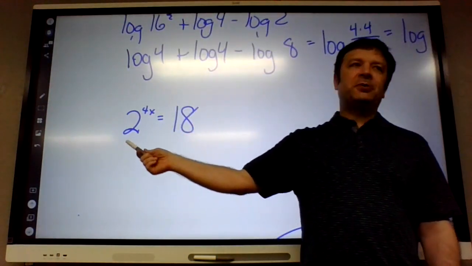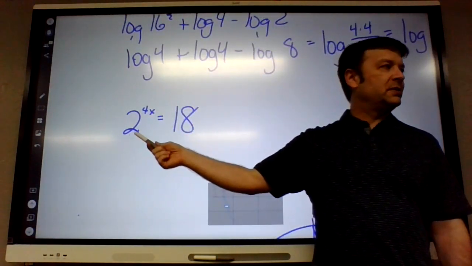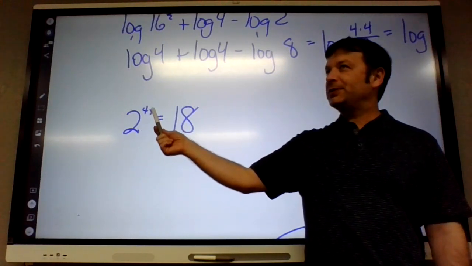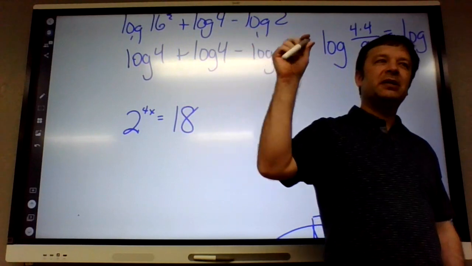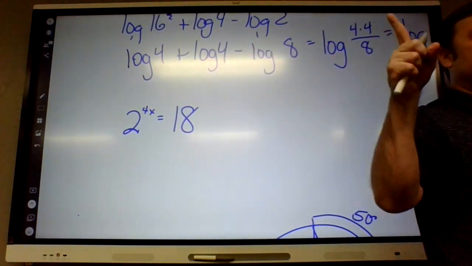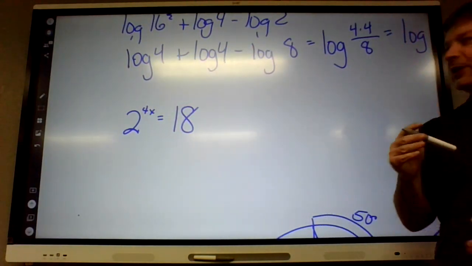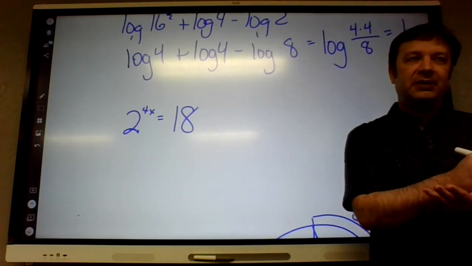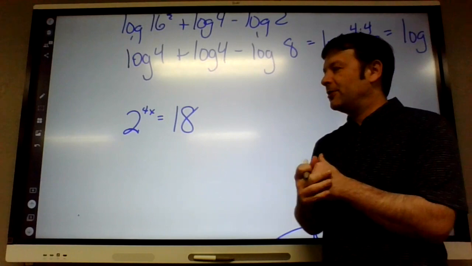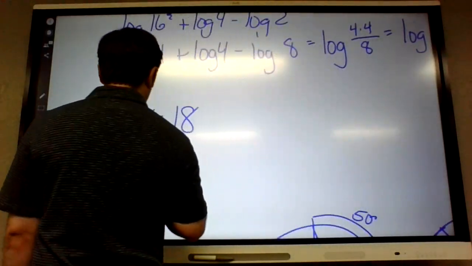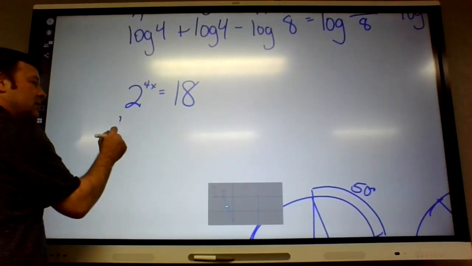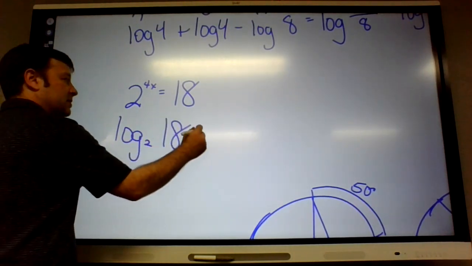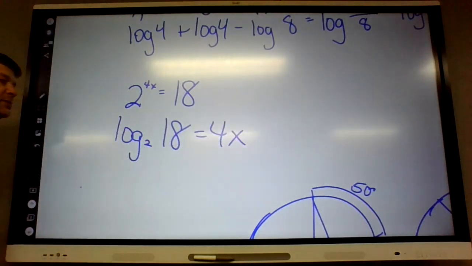Okay, we're just supposed to solve this equation. So how do we solve equations when the variable's in the exponent? You use a log. We talked about this earlier. If it starts in exponential form, you change it to log form. If it starts in log form, you're gonna have to change it to exponential form. So what is this as a log? Log base 2 of 18 plus 4x equals 4x.